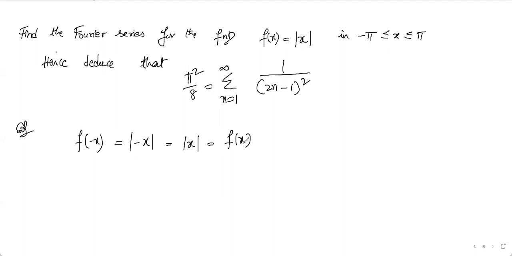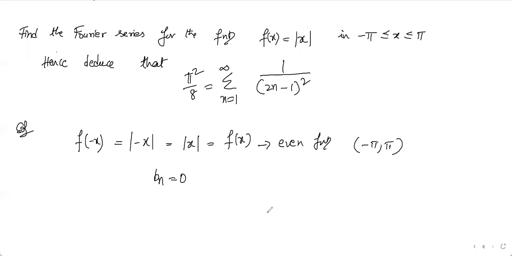Hence the given function is an even function. Since it is an even function over the interval minus pi to pi, therefore you'll have bn as 0 for this function f of x equals mod x.